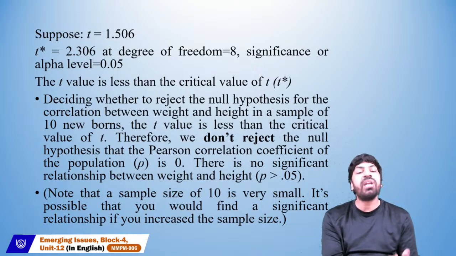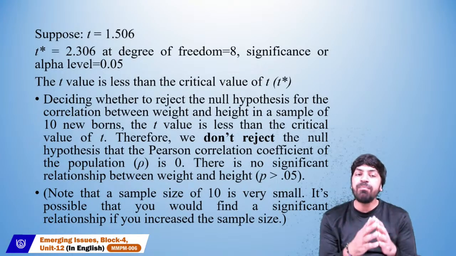That means there is no relationship between the two variables. Let's say we need to find out the correlation between weight and height in a sample of 10 newborn babies.